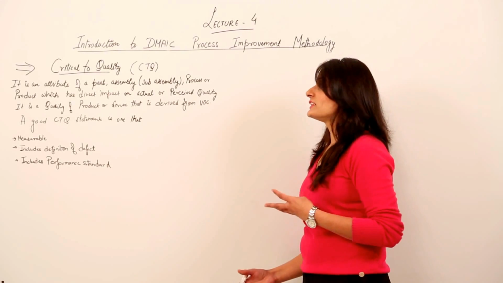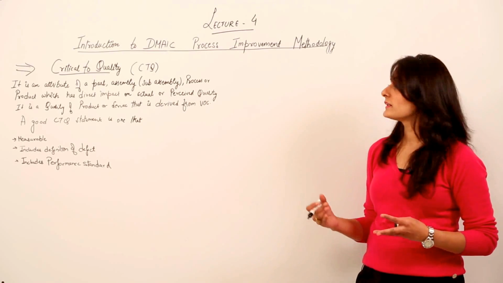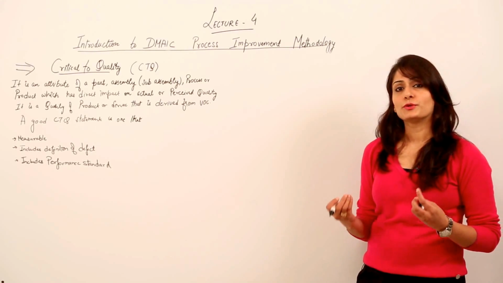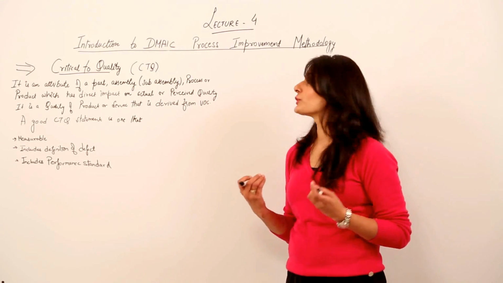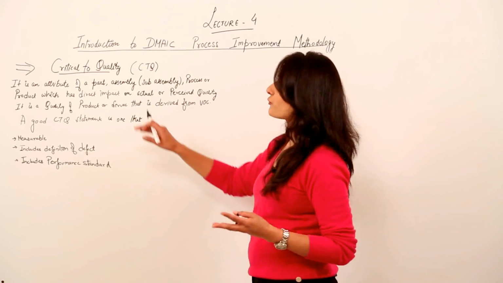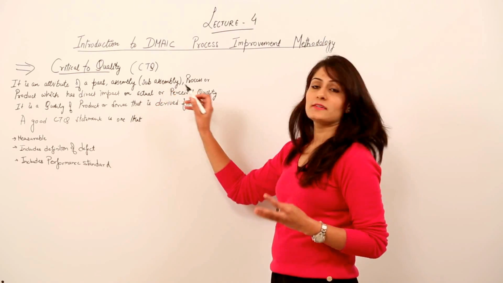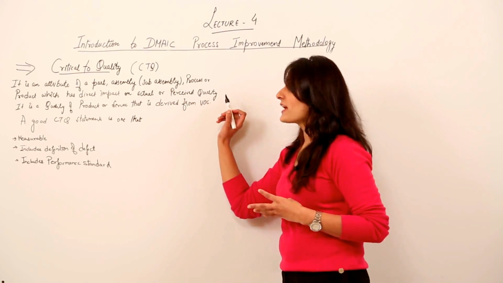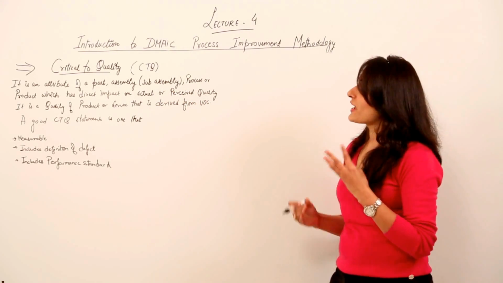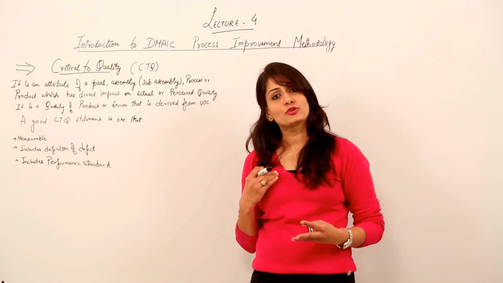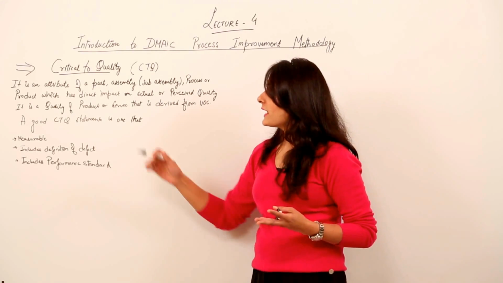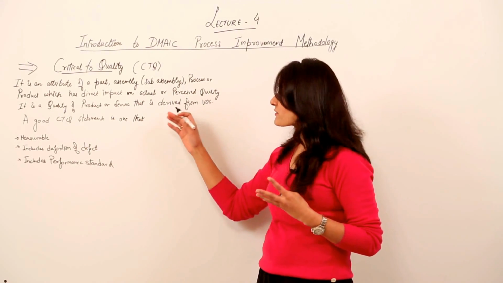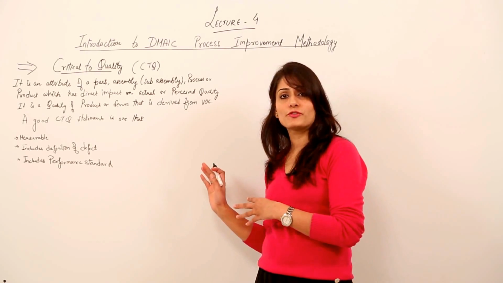Now let's study critical to quality, that is CTQ. What is CTQ? The best way to understand CTQ is that it is an attribute of a part, assembly, sub-assembly, process or product which has a direct impact on actual or perceived quality. It is a quality of a product or service that is derived from VOC.